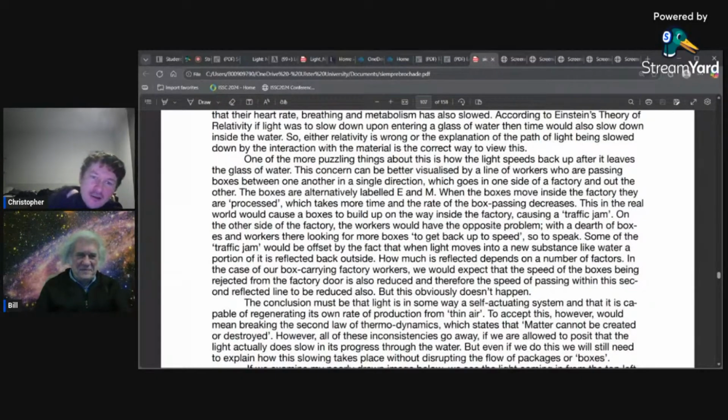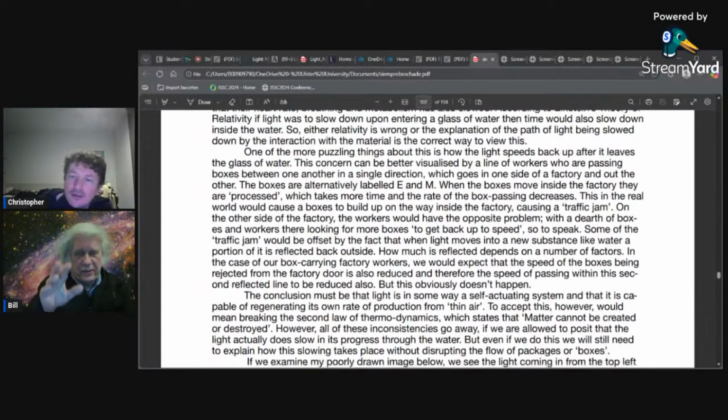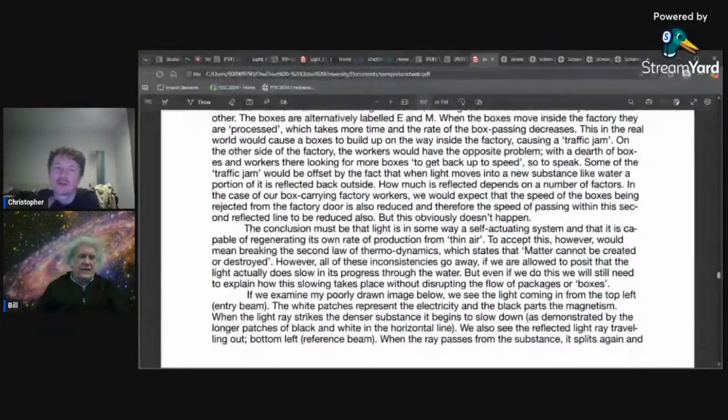So now the atom is a factory under the official version, the quantum mechanics version, because they're on record saying that the atom does produce these photons, this energy that comes out of the atom. And they're saying it just comes out, and the question is, does it do that eternally?